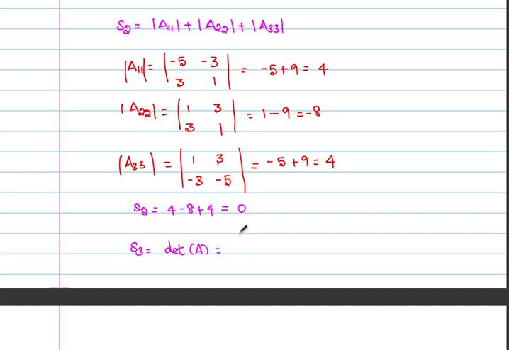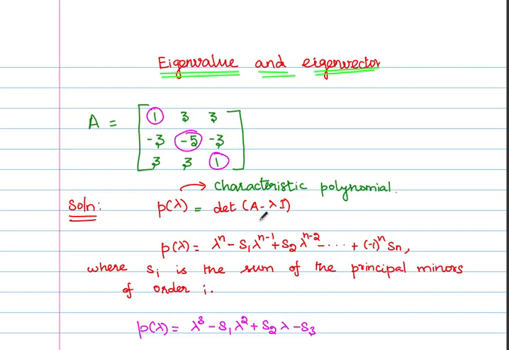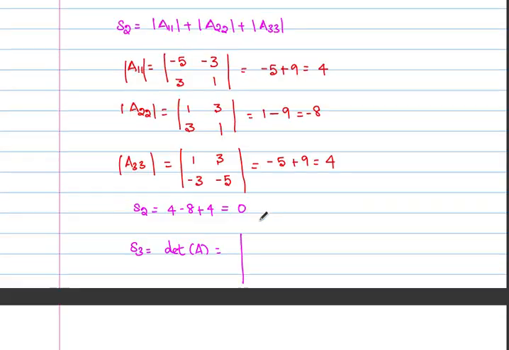So the determinant of A, our matrix A, is 1, 3, 3, minus 3, minus 5, minus 3, 3, 3, 1.